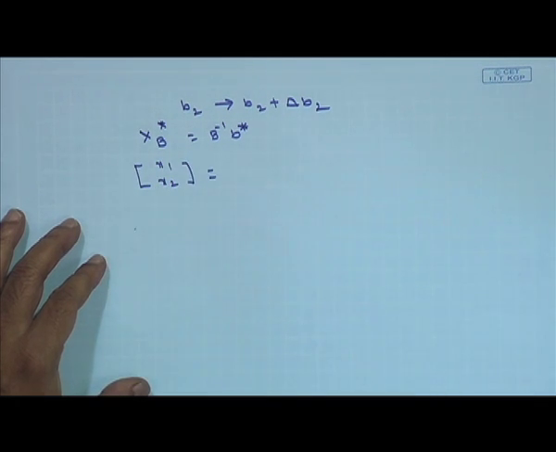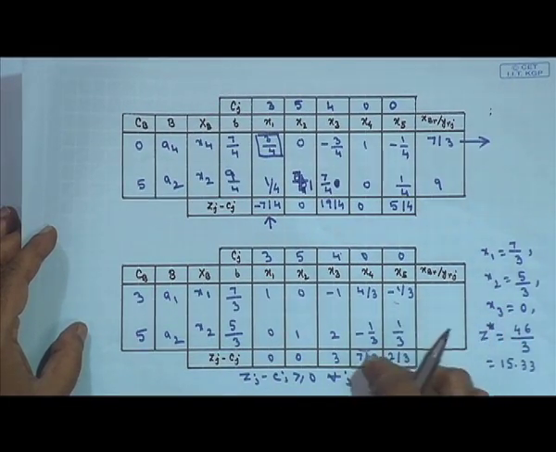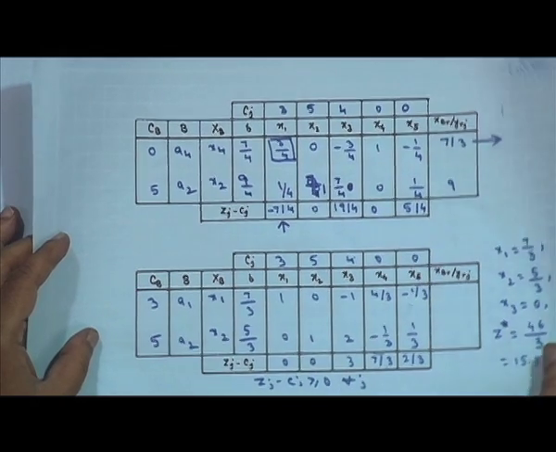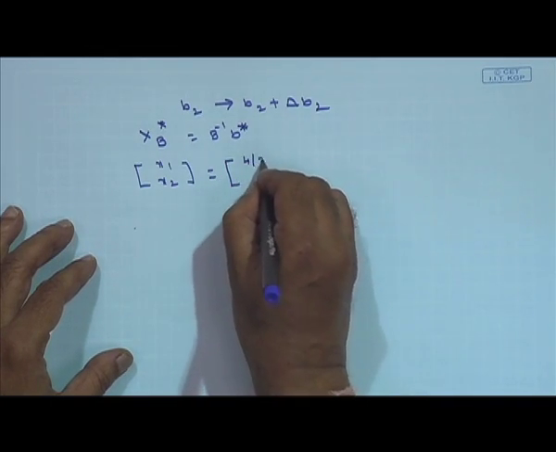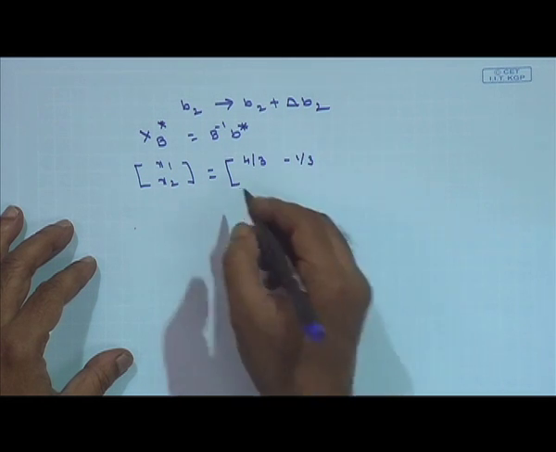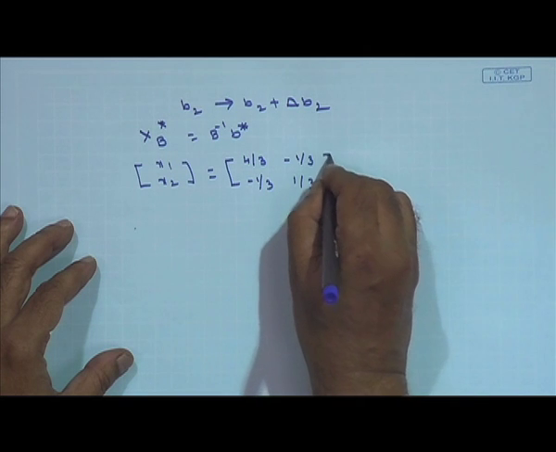This is equal to, again this one will come, 4 by 3, minus 1 by 3, minus 1 by 3 and 1 by 3, into the resource vector.